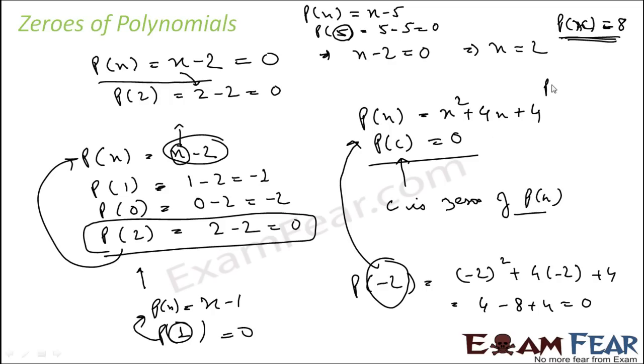Or let's suppose p(x) is x square plus 1. If we set x square to be minus 1, x will be minus root 1, which is an imaginary number. So for real numbers, this will also not have any zeros.